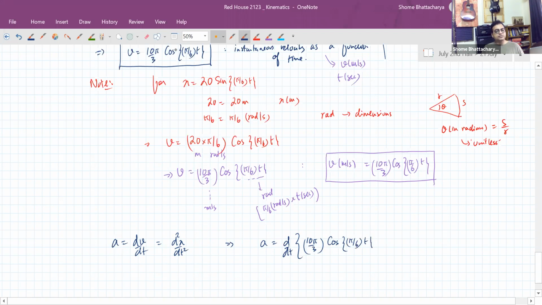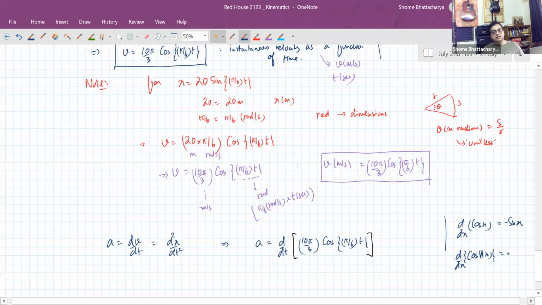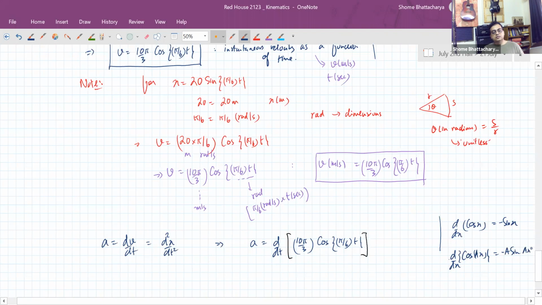But again, while doing the differentiation, you will have to make use of the chain rule, because of that constant pi by 6 into t. So again, differentiation of cos is minus sine. Therefore, differentiation of cos of a constant a into x becomes minus a sine ax. That kind of application we use.